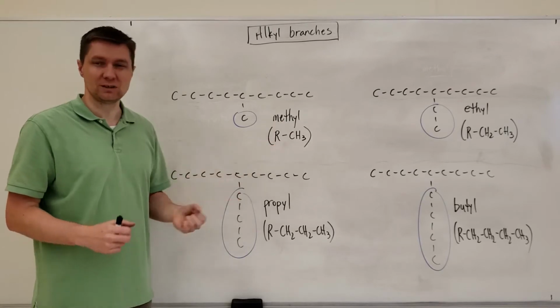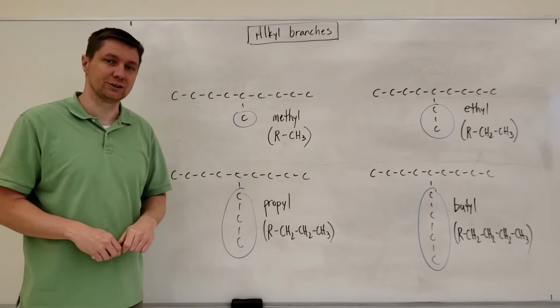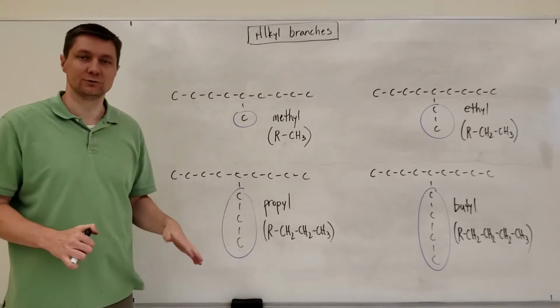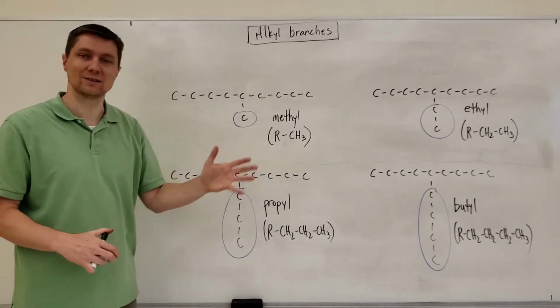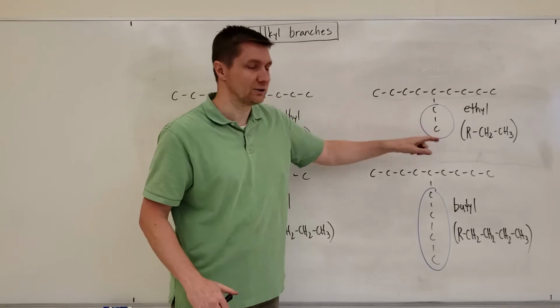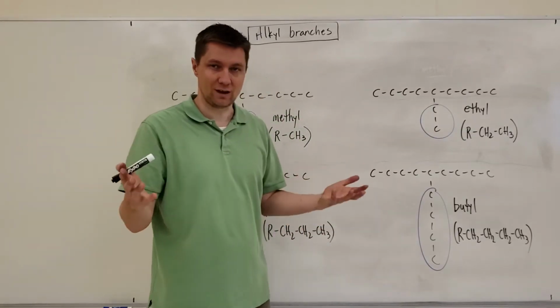This R just means some chain of carbons that it's attached to, and the methyl branch is going to be a CH3 if I include all the hydrogens in there. You can see I've left off all the hydrogens. Just assume that the hydrogens are present in all of these molecules. Over here, if I have an alkyl branch that's 2 carbons long, this is called an ethyl branch, or just ethyl.